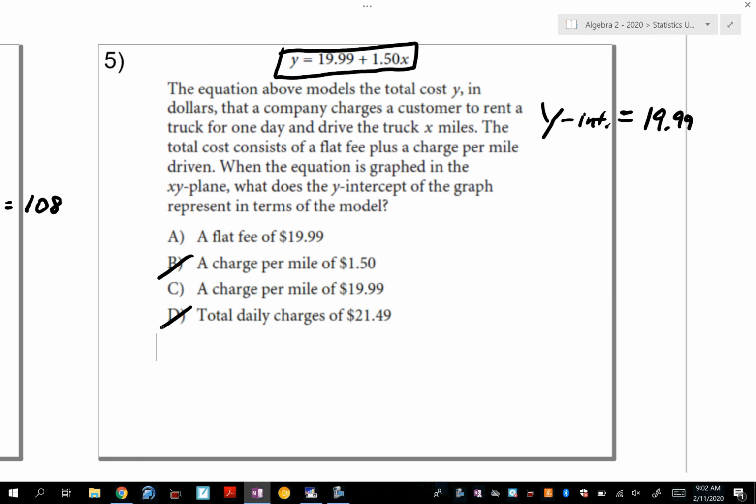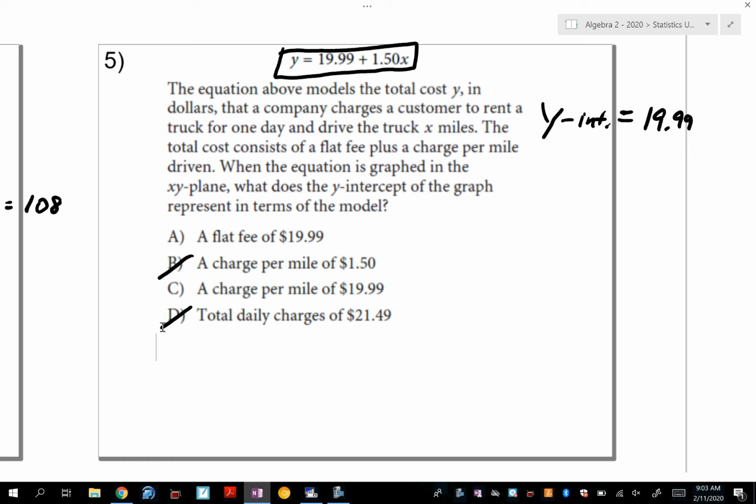Now, when you look at these answer choices, let's think about what it means to interpret the y-intercept. The y-intercept is for 0 in the X, then your y value is the y-intercept, okay? So if the truck is driven 0 miles, then the cost to rent that truck is $19.99 per day.